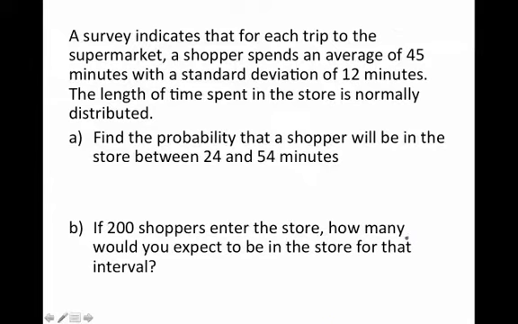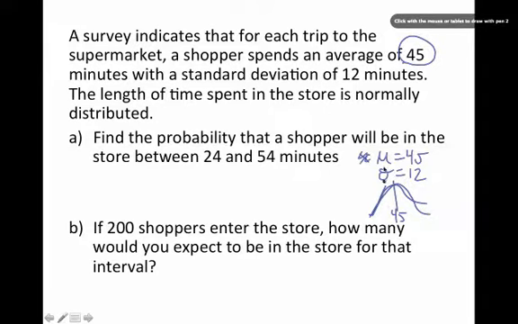Find the probability that a shopper will be in the store between 24 and 54 minutes. So the important pieces of information is 45 minutes is the average, is the mean, and the standard deviation is 12. And I want to find the probability that will be between 24 minutes and 54 minutes.